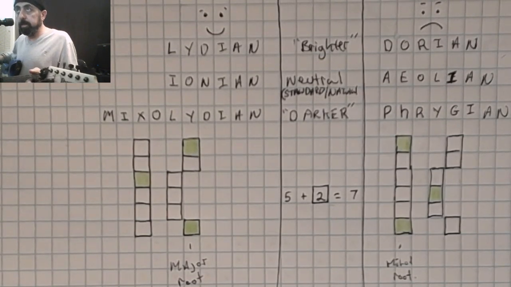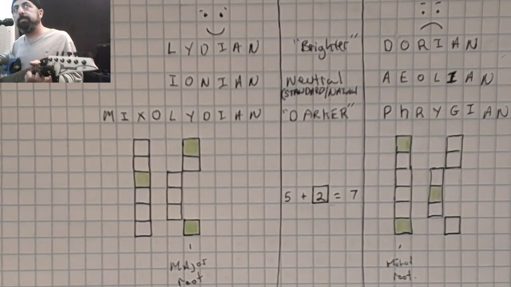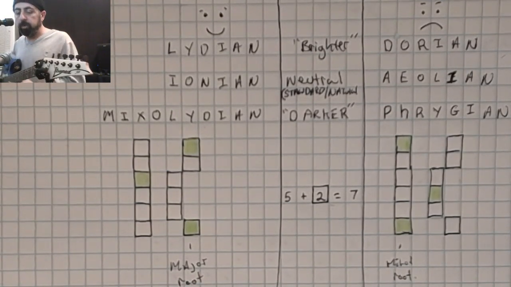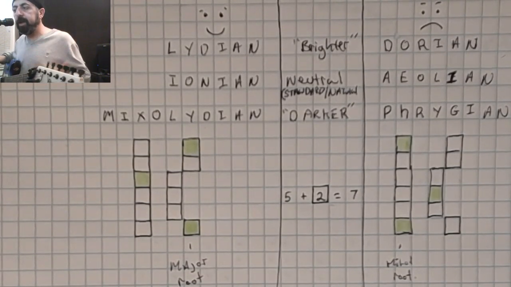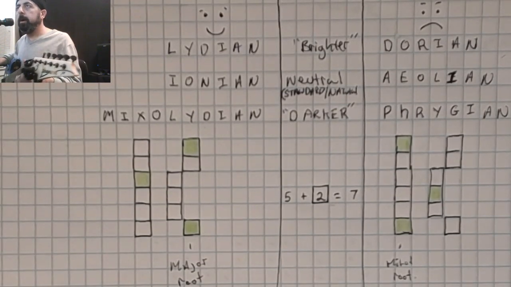All modes have a parent key, and the parent key of D Dorian is C. So I'll return to that C, and I want you, the audience, to hear the same old notes being played, but how the flavor will change from maybe something sad to something at rest, and perhaps major sounding. Let's see if that holds true.